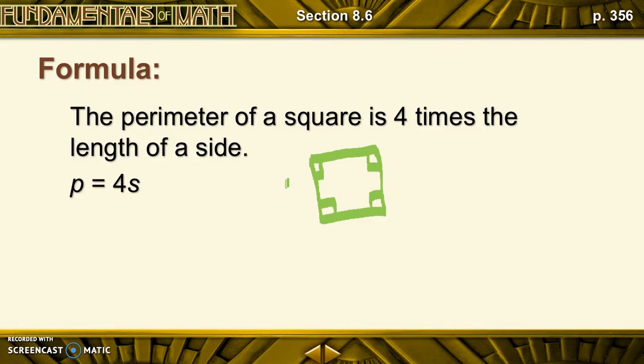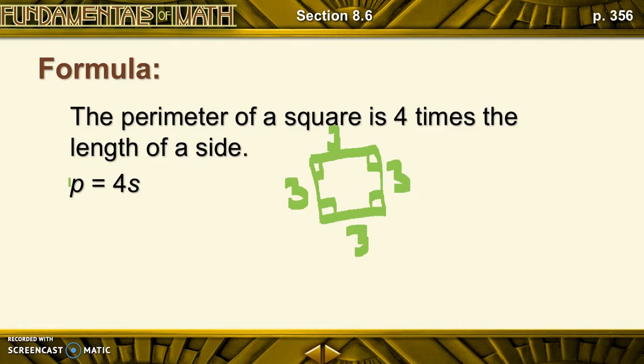So for instance, if this was 3, we could do 3 plus 3 plus 3 plus 3, 4 times. Or it's easier if we just say, well, there's 4 sides, they are all the same, so we should just multiply 4 times 3. 4 times 3 would be 12.